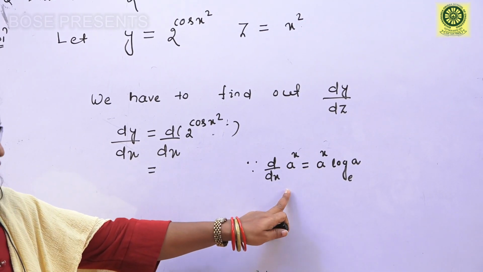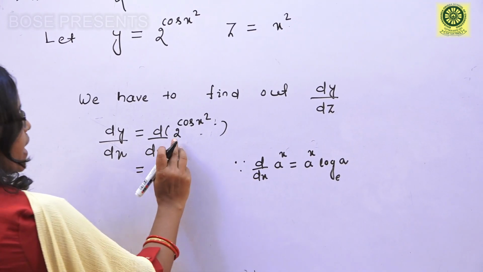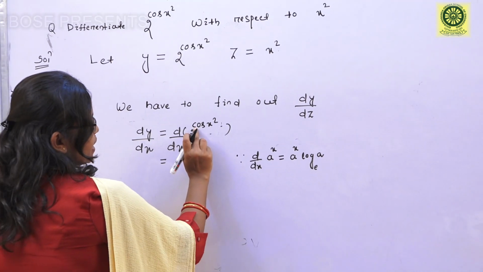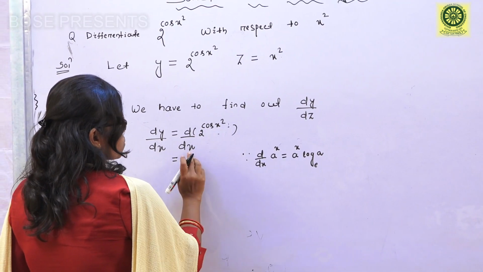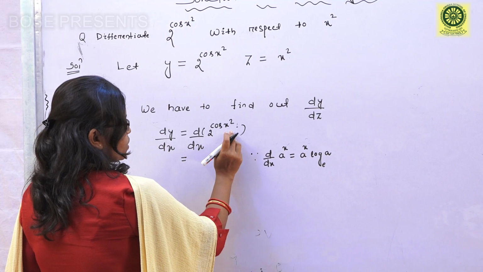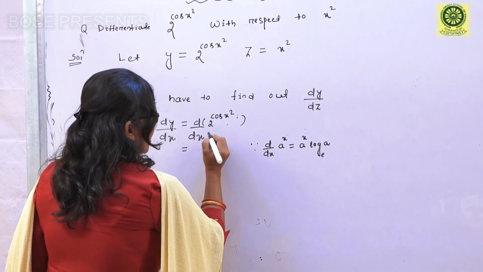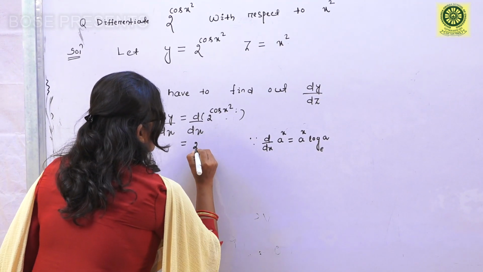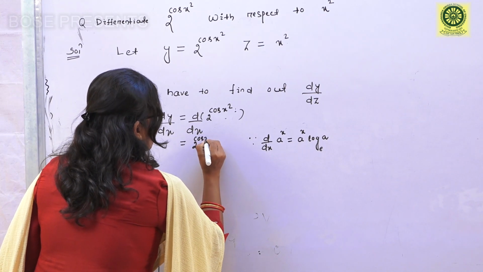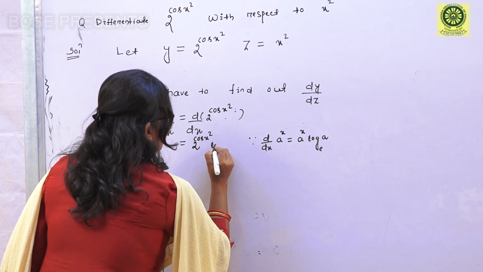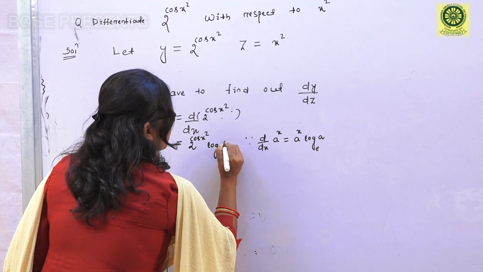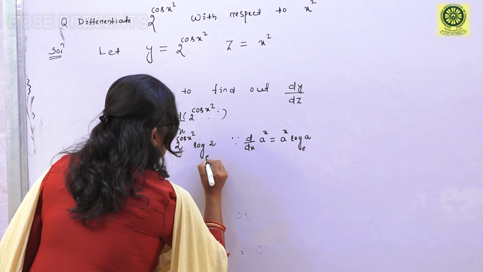Then by applying this formula, here a equals 2 and here x equals cos x square. So the derivative of 2 to the power cos x square is a to the power x, that means 2 to the power cos x square, then log 2 base e.